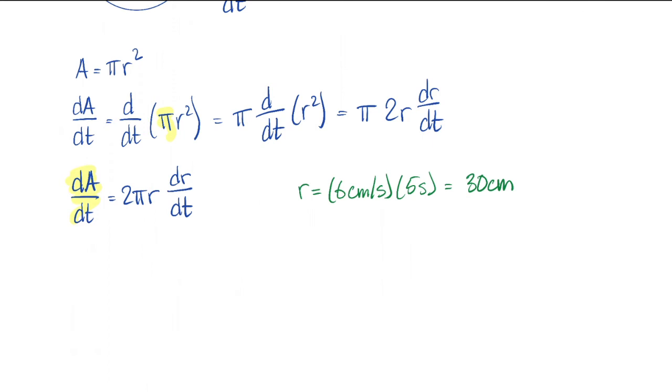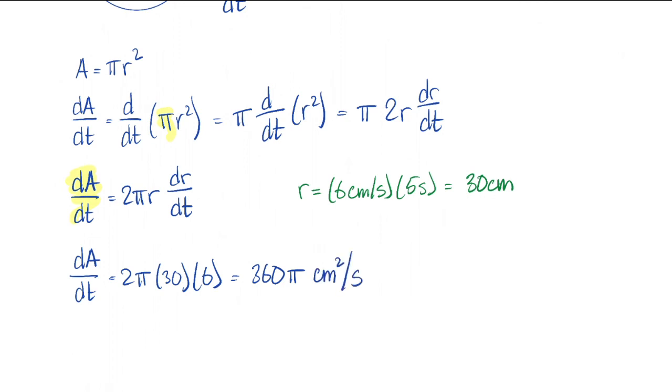Now we can go ahead and plug in what we have. Two times pi times 30, dr/dt was 6, and this is going to give us 360 pi, and this is an area, so it's going to be centimeters squared per second.